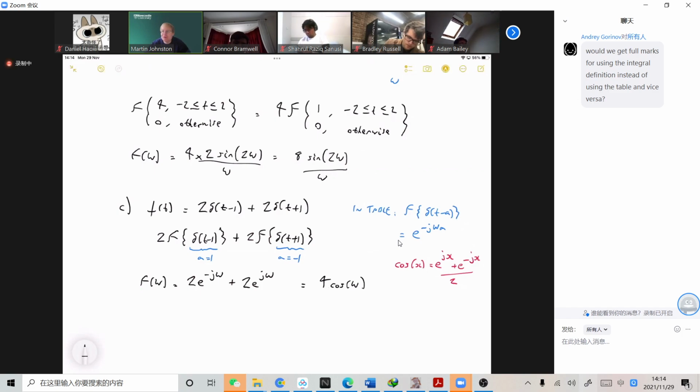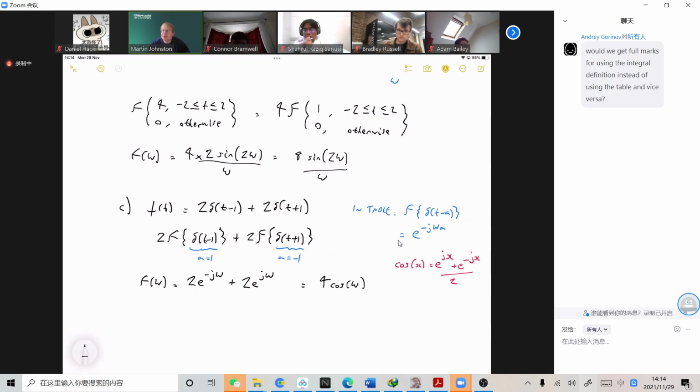So if it says find the Fourier transform, you use the quickest method to find it, basically, which will be the table. But if the question said prove that the Fourier transform of a function is equal to something, then the proof means that there's going to be a mathematical derivation. So that would be an integral. Okay, so if it doesn't say prove, then it would just mean just use the table.